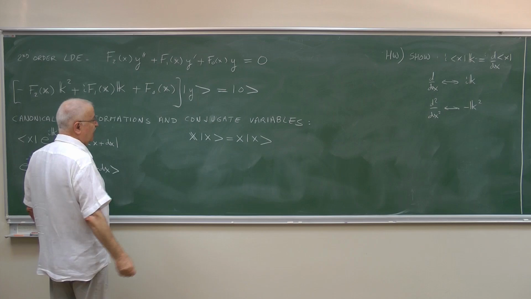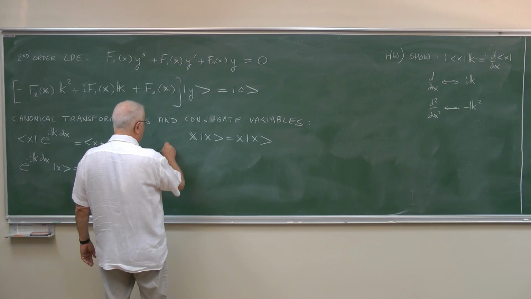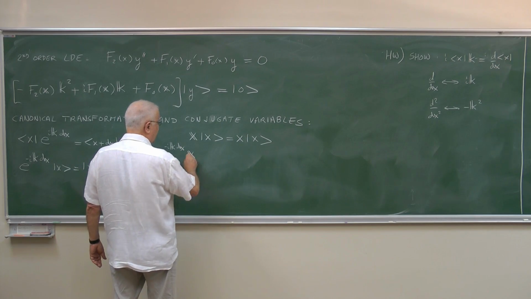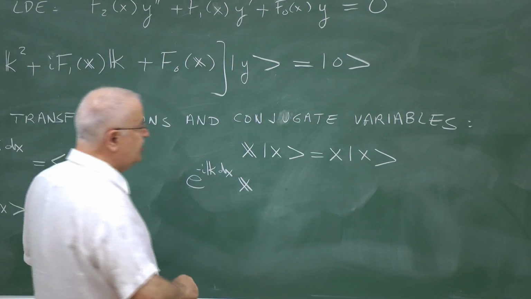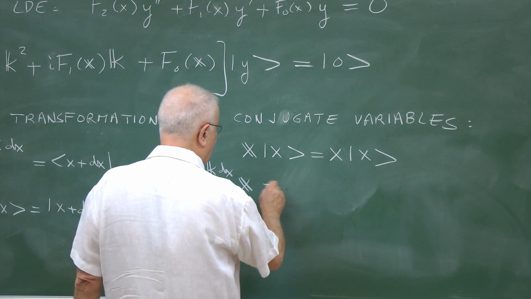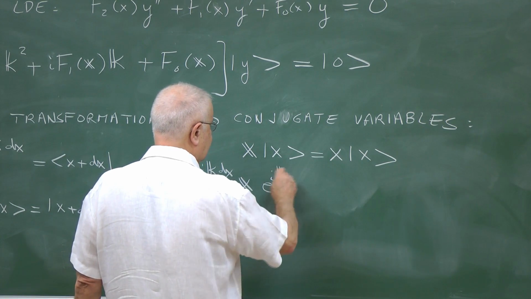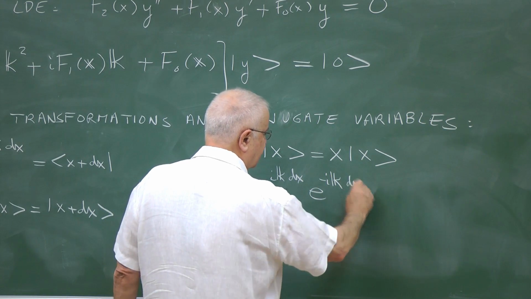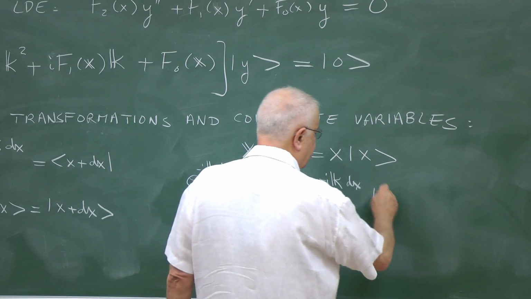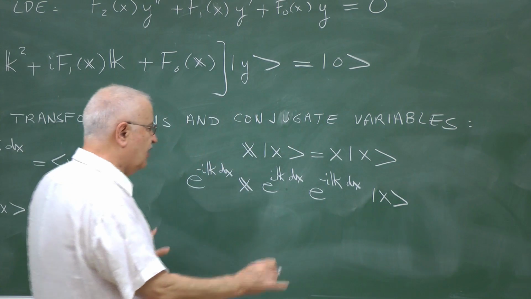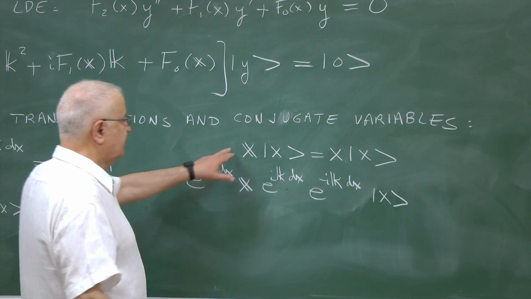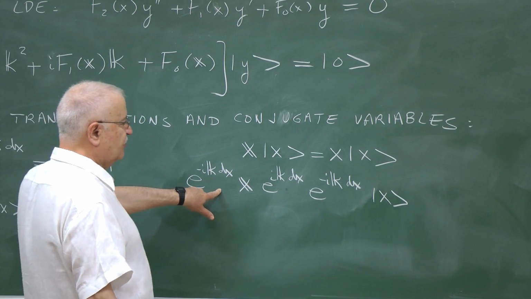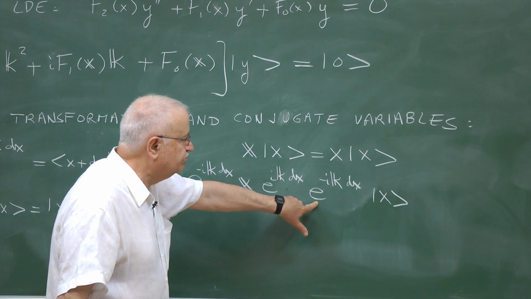Now let me multiply this by e to the minus ik dx. Here let me insert an identity in the form of e to the ik dx e to the minus ik dx. So what have I done? I just multiplied this equation by e to the minus ik dx. This is nothing, this is 1.